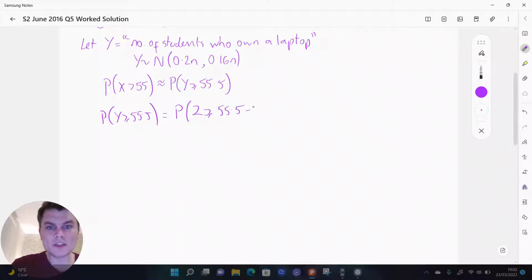We subtract the mean, which is 0.2n, and we divide, and be careful with this, we divide by the standard deviation. You know from the probability given to us in the question that that would be 0.0401.